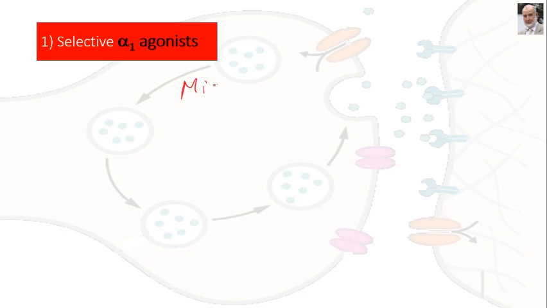So midodrine is used in cases of chronic orthostatic hypotension.